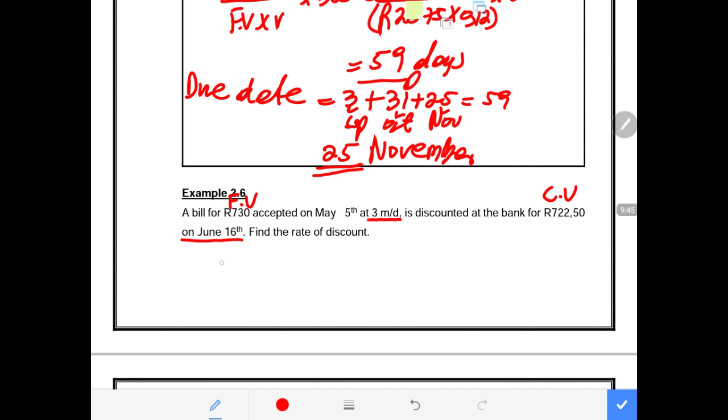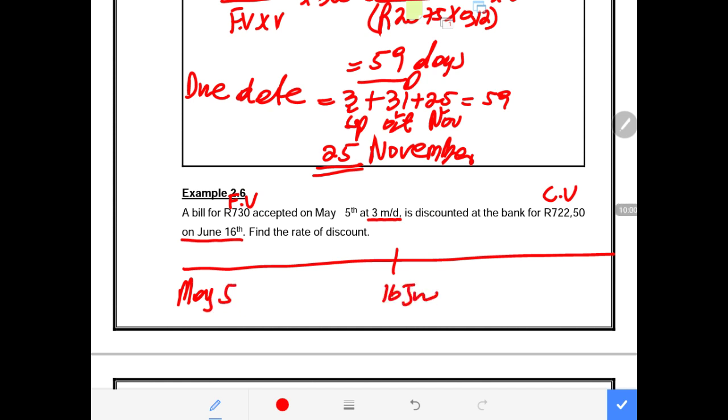So now we know once again that we had a bill that was accepted on the 5th of May. It was discounted on the 16th of June. We know that it was due 3MD. Highlight that, meaning 3 months from the date the bill was drawn.